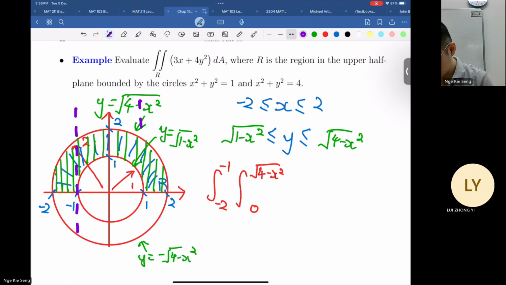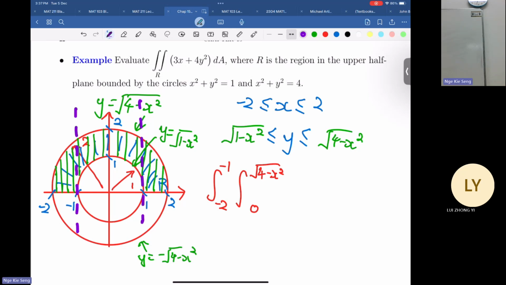Like this. I break this picture into 3 regions. Can you see 3 regions here? Part 1 and part 3. For the part from -2 to -1, it is bounded above by the outer circle and bounded below by this horizontal line.